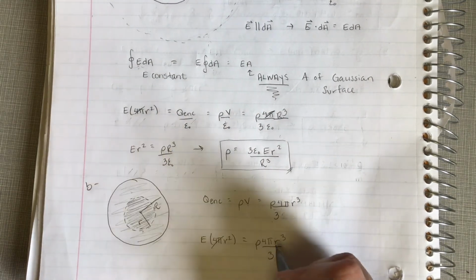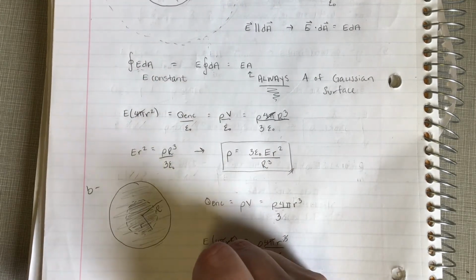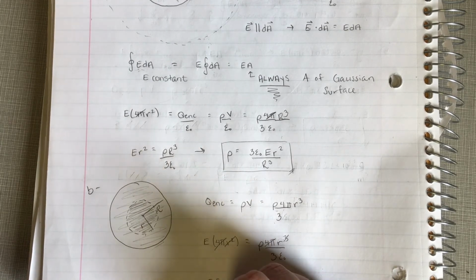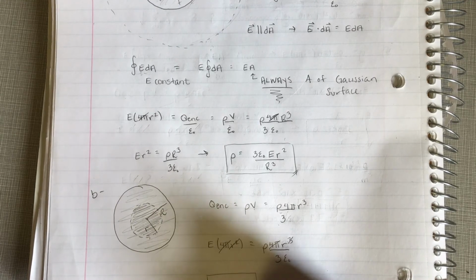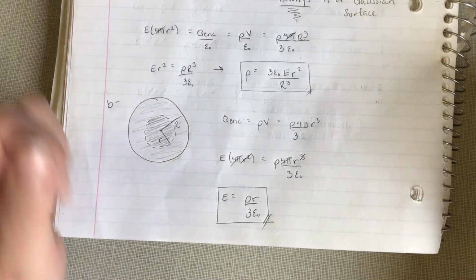So I like finding the electric field inside because then all my little r's cancel out. So my electric field is the density times little r over 3 epsilon 0. Ta-da!